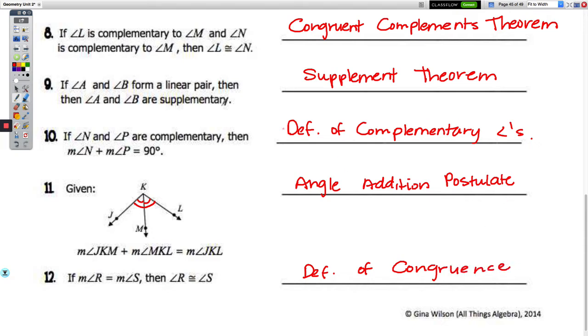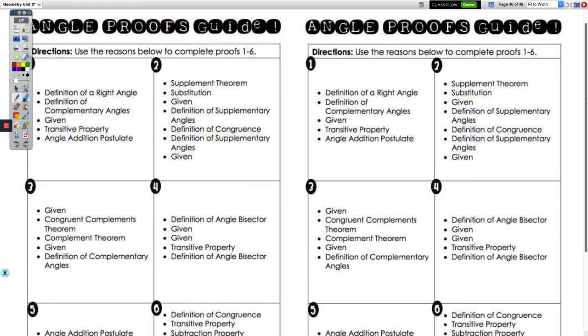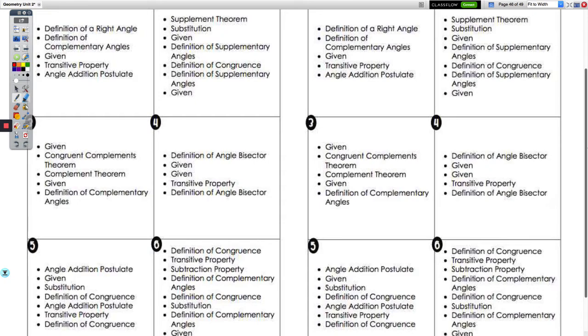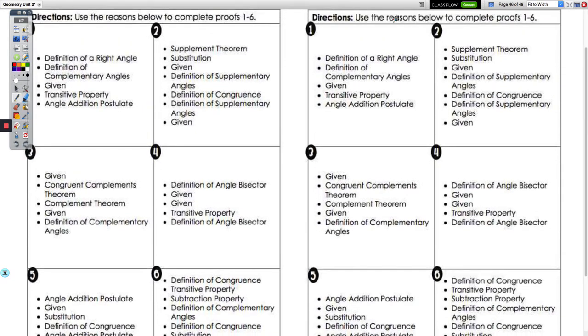Now let's put this knowledge to the test with our angle proofs. Remember I told you with segment proofs, you had this guide, as Alex puts it, your cheat sheet. So when we're working on number 1, these are the reasons on number 1.